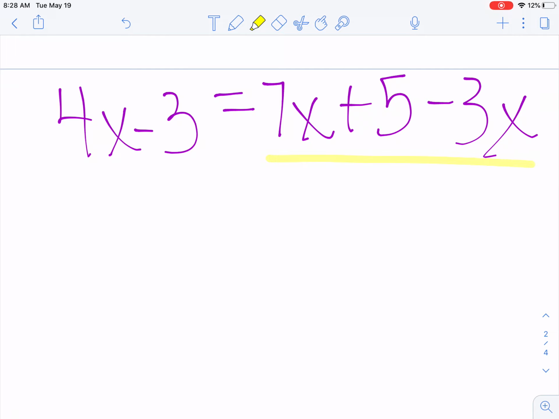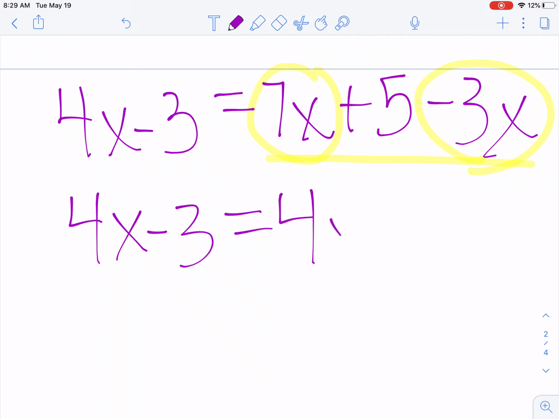Over here on the right side of the equal sign, I have a positive 7x and a negative 3x. Those can be put together. So I'm just going to copy this down. There's nothing to simplify on the left, but 7x minus 3x is 4x plus 5.